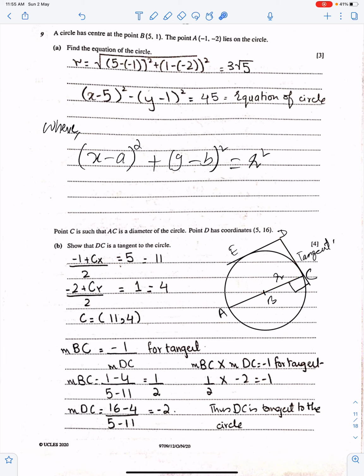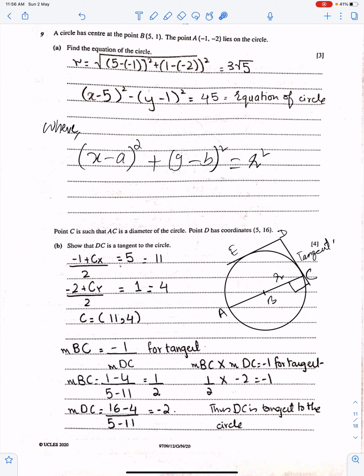So when you check these two gradients in this equation, you will see that this equation is verified. Half times minus 2 is minus 1. So this equation has been verified. Therefore, DC is tangent to the circle.